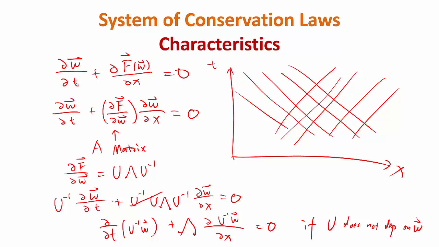So what happens is that in a system of conservation laws, we no longer have straight characteristic lines. The characteristics would turn around because the U and also lambda change as the solution evolves. So you can get cases where things are like that, things are like that. So you have characteristics converge and diverge from each other.